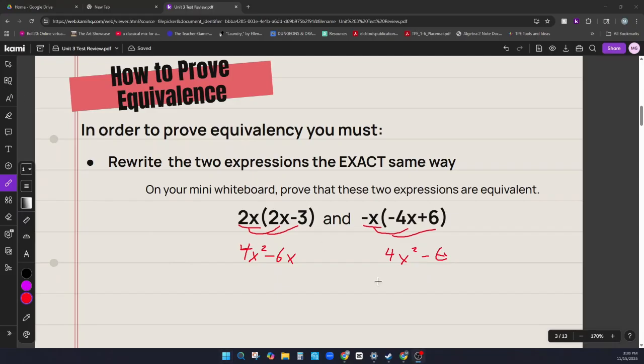If I just simplify the left side, it still doesn't match my right side. So I needed to simplify both sides, manipulate both sides in order to get them to be exactly equal. So once again, the answer is an emphatic yes, they are equivalent.